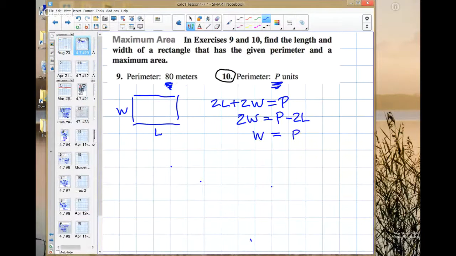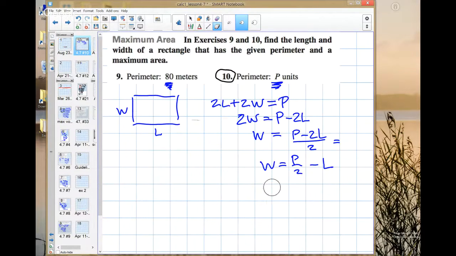Let's just write it as P minus 2L all over 2. Okay, rusty. Yeah, let's rewrite that. So that would be P over 2 minus L. There we go. So now we've got an expression for W in terms of L.